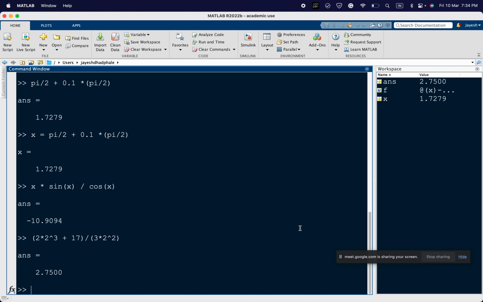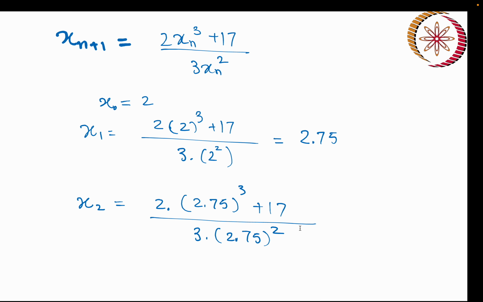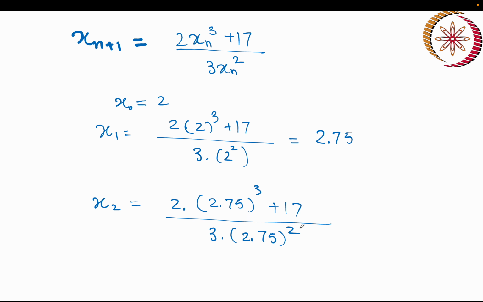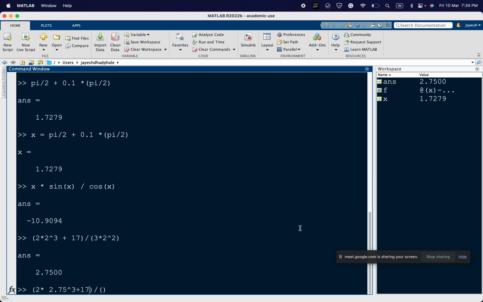Okay, so we will compute that. It is 2.5826.